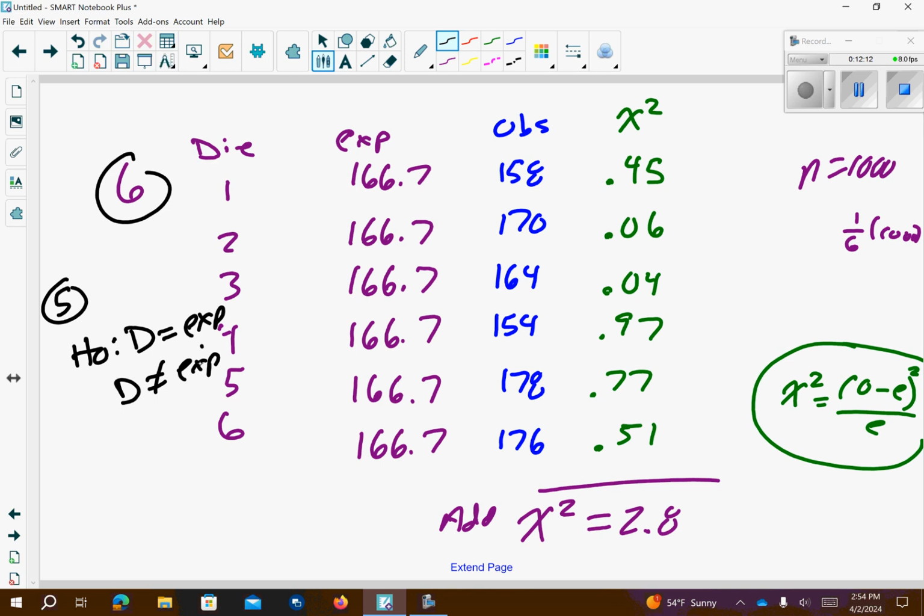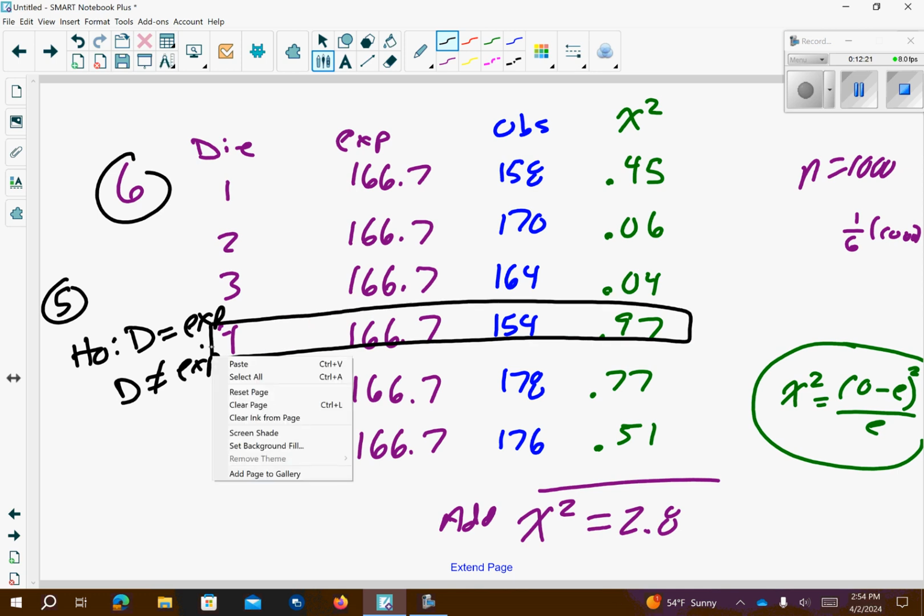Number 7, which outcome produced the highest chi-squared value? The highest chi-squared value would be the 4 of 0.97. Okay, in context explain what having the largest chi-squared value means in the outcome. It basically means, that's kind of shocking that 4 had the highest outcome, because you wouldn't expect any of the numbers to be anything higher than what they should have been.